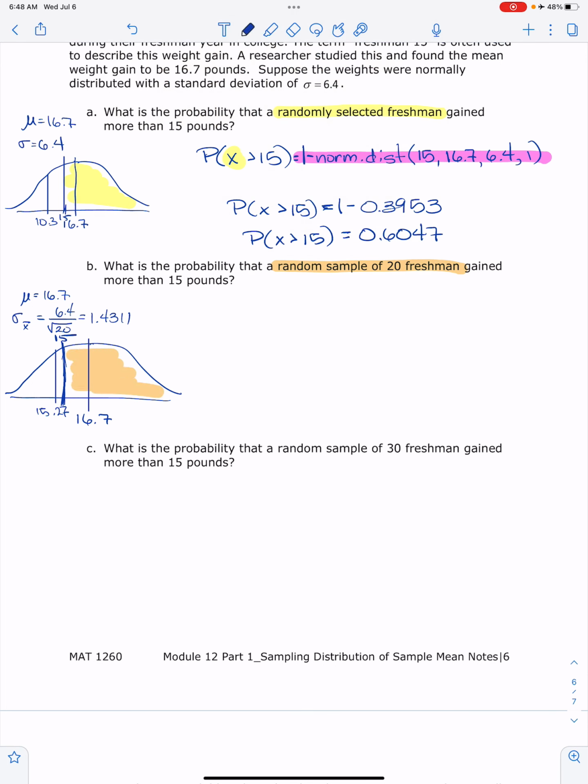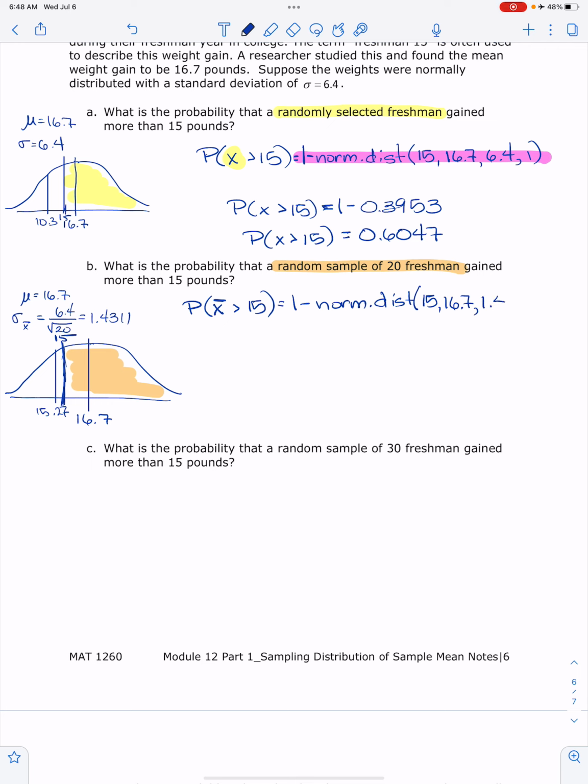So now we've got the probability that the sample mean, x bar, is greater than 15. Again, 1 minus norm.dist, 15, 16.7, exactly the same as above.